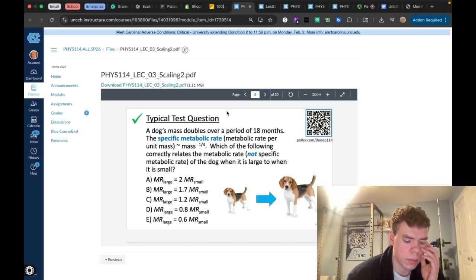So it looks like as mass doubles, the metabolic rate is obviously not going to be proportional to that. So there has to be an equation that we can use here.